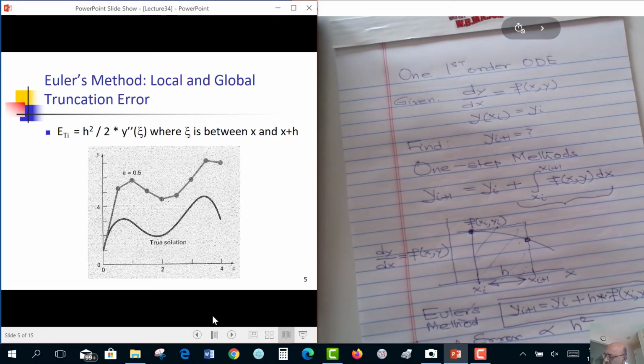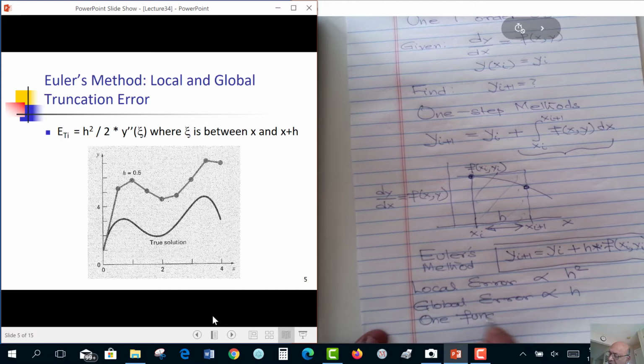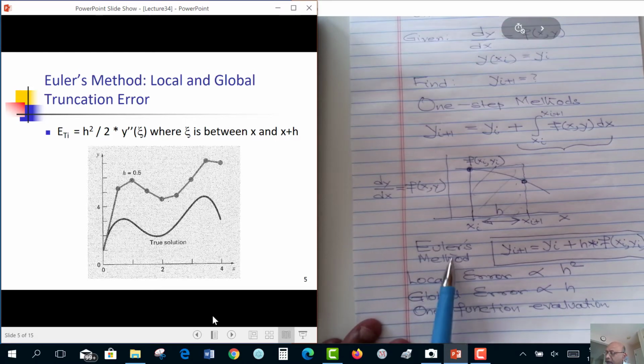So if we have n strips, our global error, always one order down, would be proportional to h. But notice we do just one function evaluation. So that's the key idea of Euler's method.